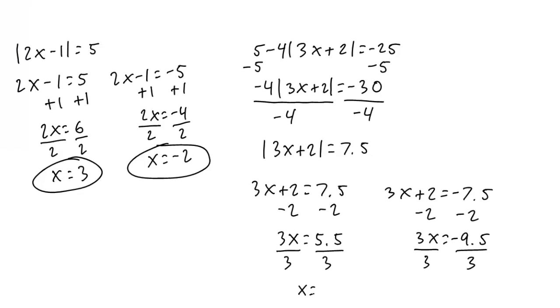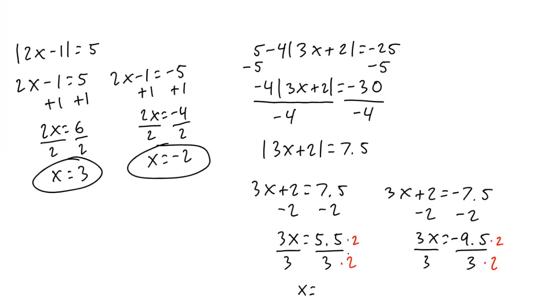x equals 5.5 over 3, which is not a nice number. The easiest way to get it is to multiply the top and the bottom here by 2, just to get rid of this decimal. We don't want decimals in fractions. So we're just going to multiply the top and the bottom by 2, and we can do the same thing over here.